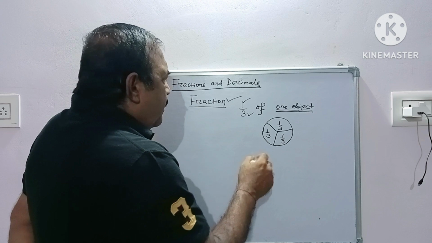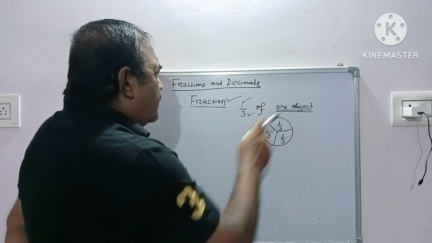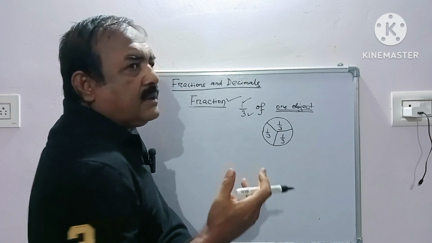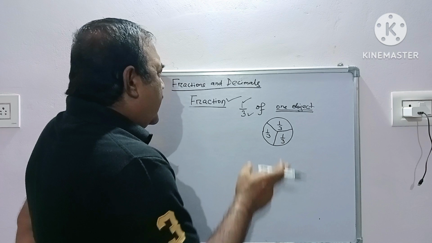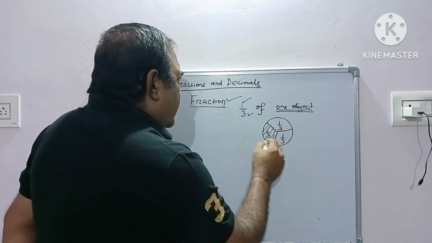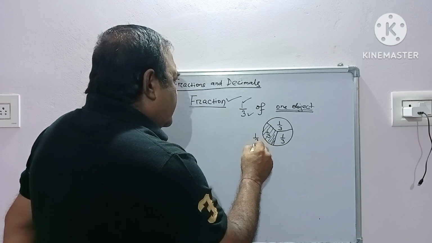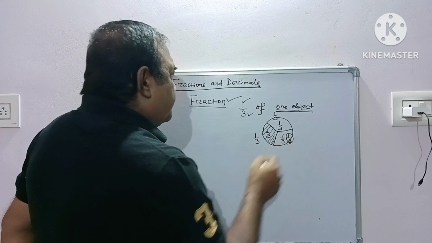How many 1/3 are there in one object? There are 3, because we have already divided into 3 equal parts and each part represents 1/3. This is 1/3 and this is 1/3.